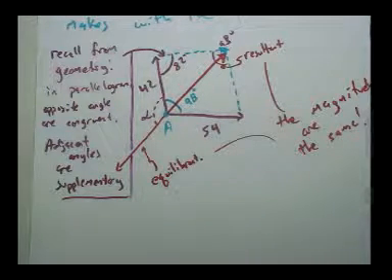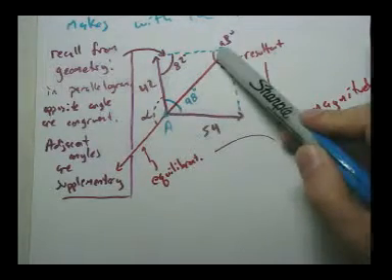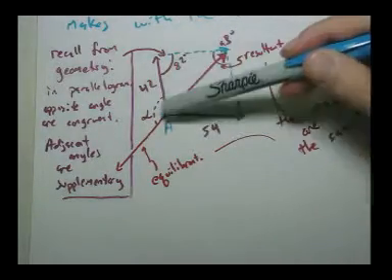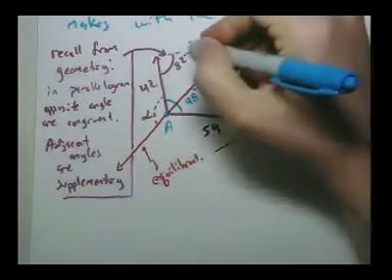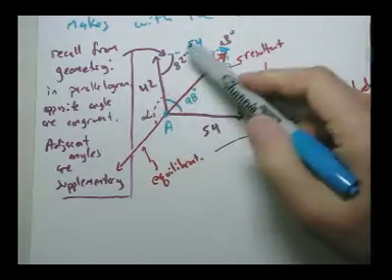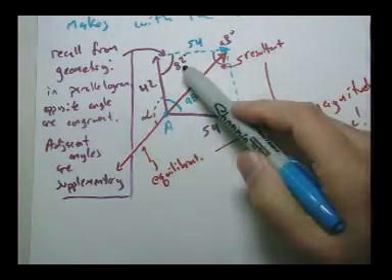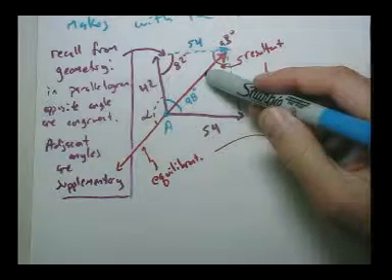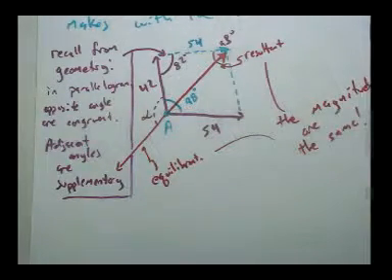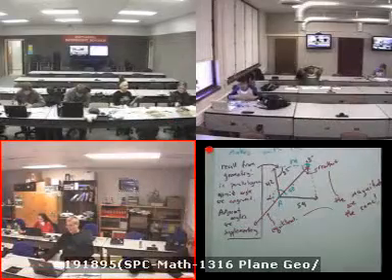And now, what can I use to find this length? I have a side. I have another side, right? This is still a 54 as well. So I have a side, and I have the angle between them. What will give me this right here? The law of cosines.